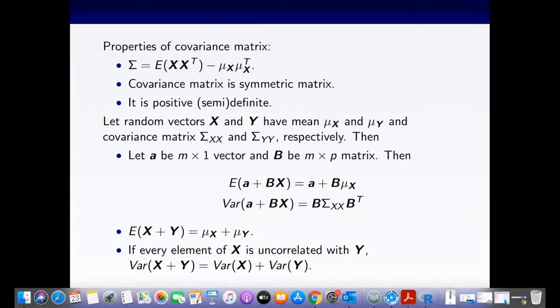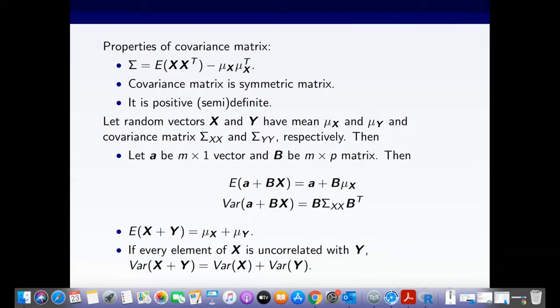So covariance is exchangeable, so it's a symmetric matrix, and it's positive definite.